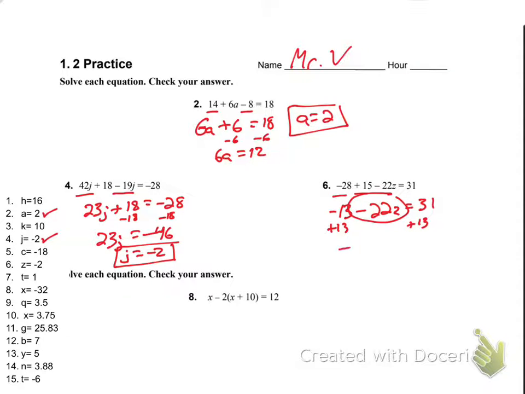I'm going to end up with negative 22z is equal to 31 plus 13, which is 44. I divide by negative 22 on each side to get z alone, and I'll get z is equal to negative 2. That one's good too.